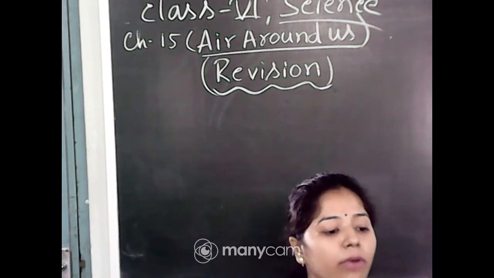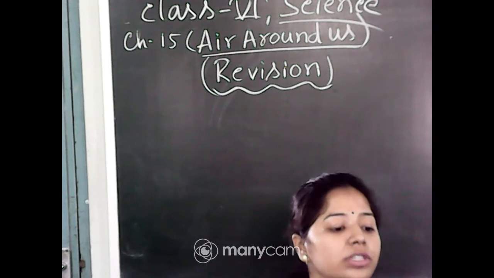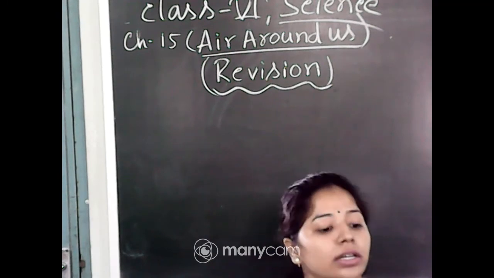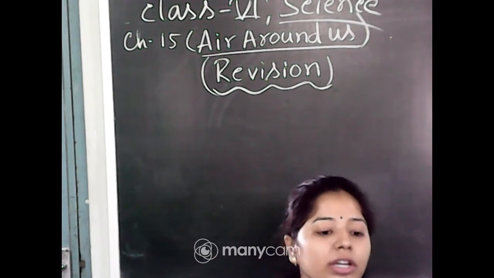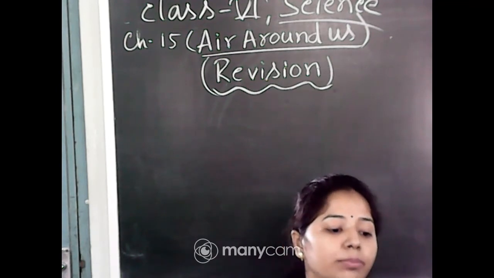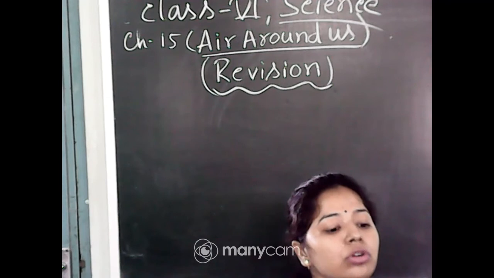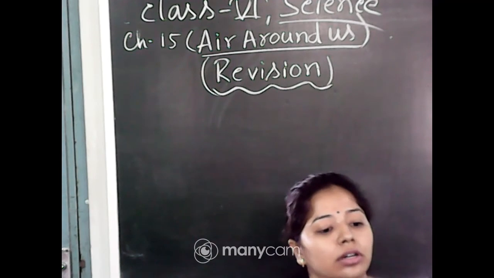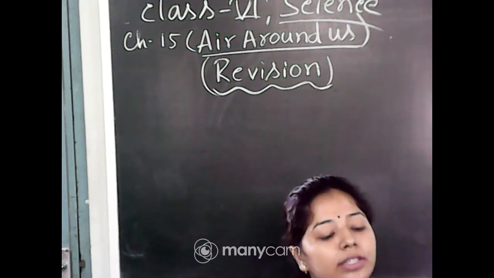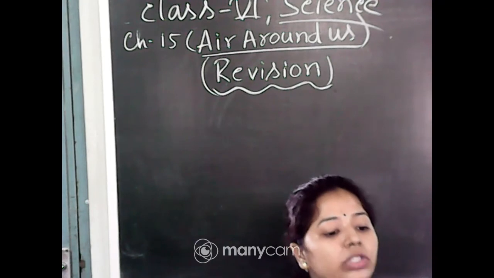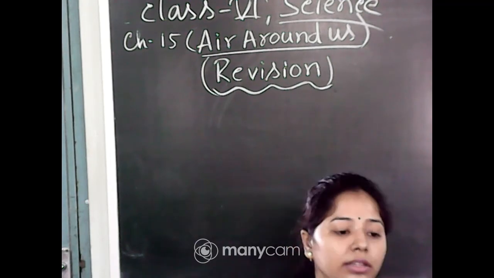Now comes the point of how the oxygen in the atmosphere is replaced. As we know about photosynthesis, what is photosynthesis? It is the process by which plants make their own food in the presence of sunlight and chlorophyll present in their leaves, and they also take carbon dioxide from the atmosphere. Plants utilize this carbon dioxide in the presence of sunlight and chlorophyll.